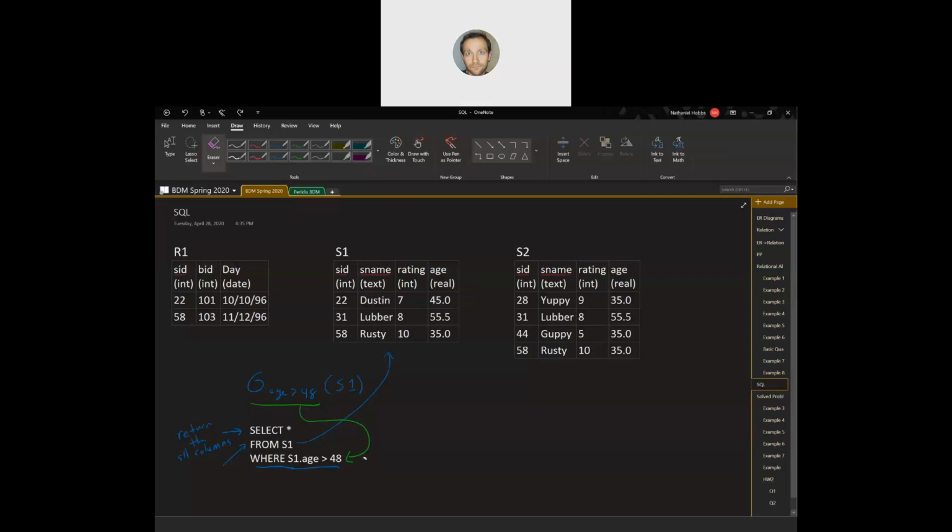So let me continue. Now I'm going to go into some things that you should be aware of for the SQL language, as well as just by itself, which will have an actual tangible effect on the results that are returned.